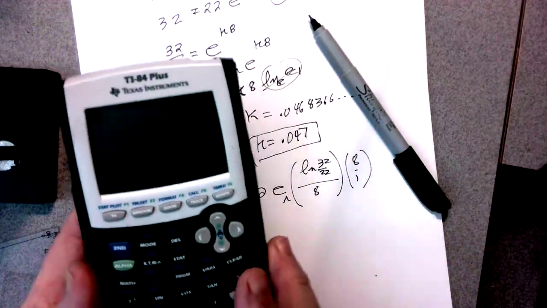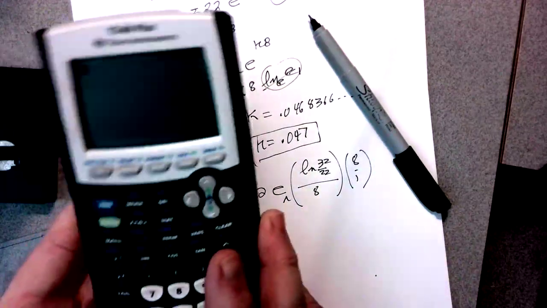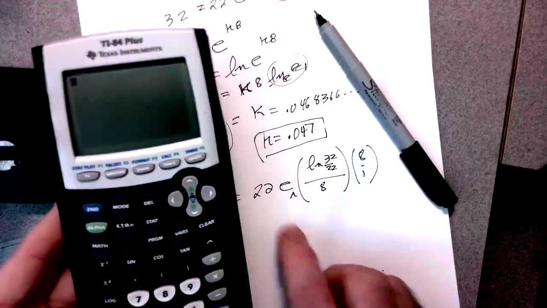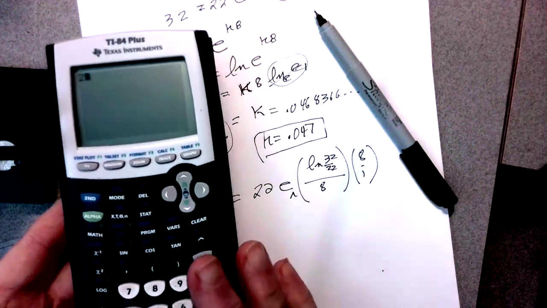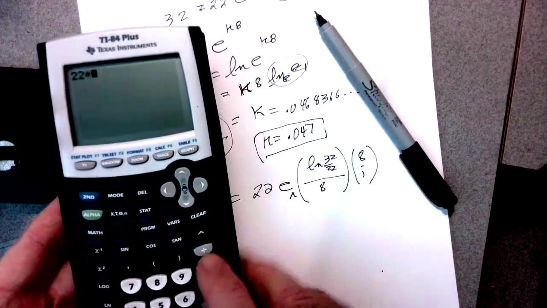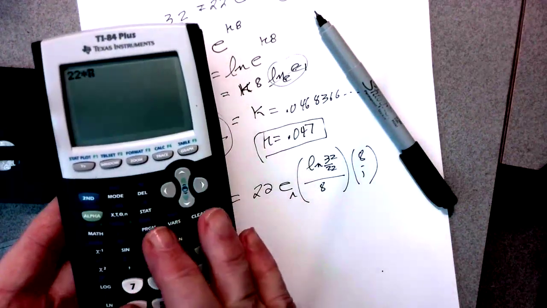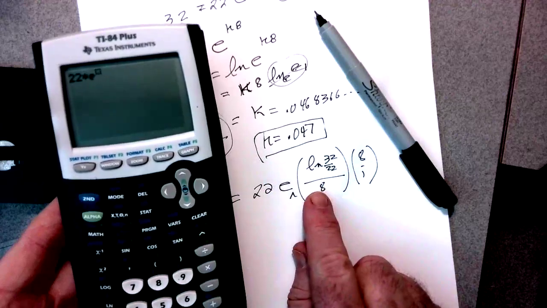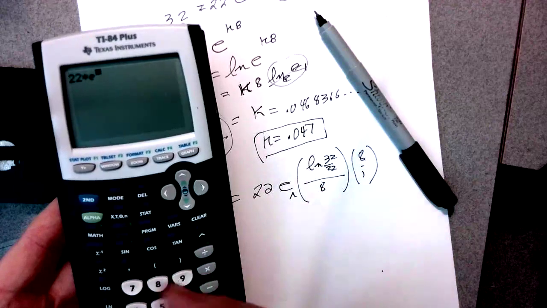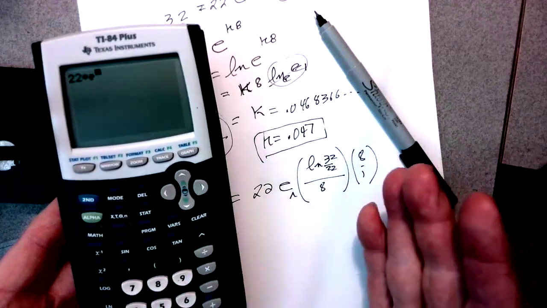All right, so let me clear all this out. So what am I doing here? I'm going to put back into my graphing calculator 22 times e, and this exponent is a little bit complicated, so I probably need to put this in parentheses.